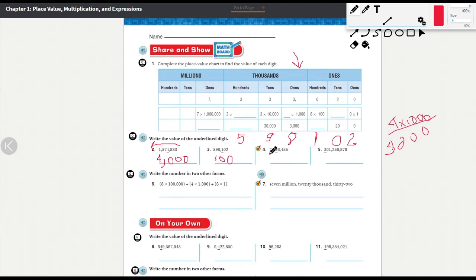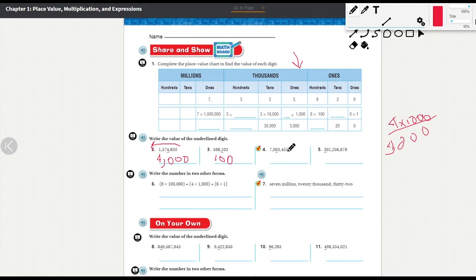Exercise 4. We are still identifying the value of the underlined number. Remember, this is a lesson for 5th grade using the place value with multiplication and expressions. The expression we're talking about is because we are multiplying that underlined number by the place it has in the place value. Here we have 55439. If we write this number under our place value to identify the value of it, we have to do it the following way.